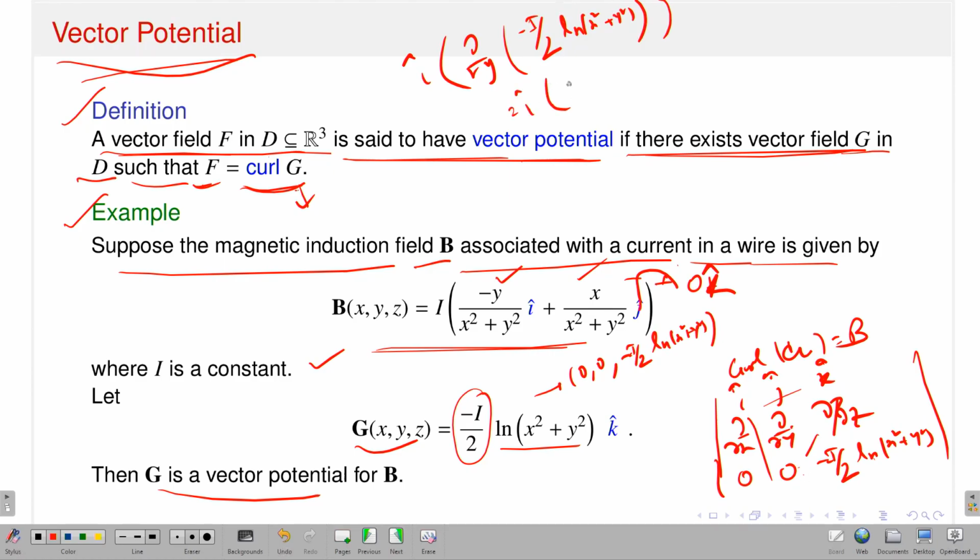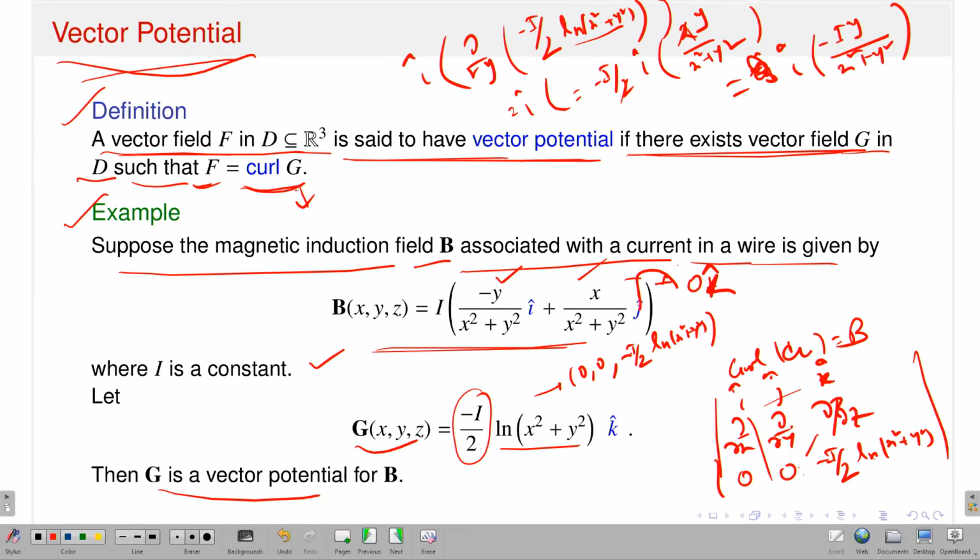Minus I by 2 will come out times i cap, and then I have to take the partial derivative of ln of x square plus y square with respect to y variable. That is 1 by x square plus y square as it is, and then you will have 2y. The 2 gets cancelled, so this should be minus I y by x square plus y square. That is the first one.